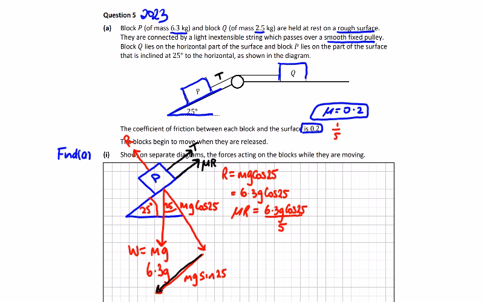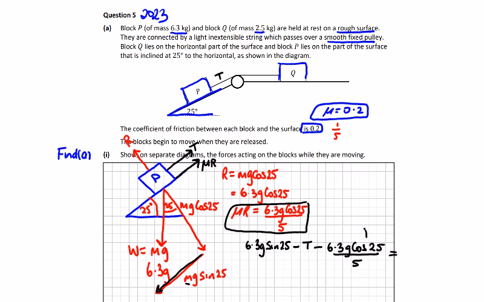So it's 6.3 g sin 25, I'll do all calculations at one point, minus what's going in the other direction, T, and minus mu R, which we have calculated, 6.3 g cos 25 over 5. Forces equals mass times acceleration, so 6.3a.